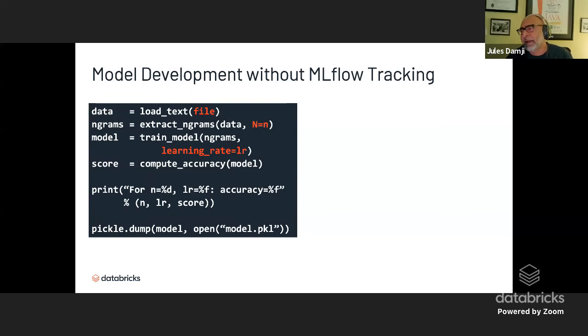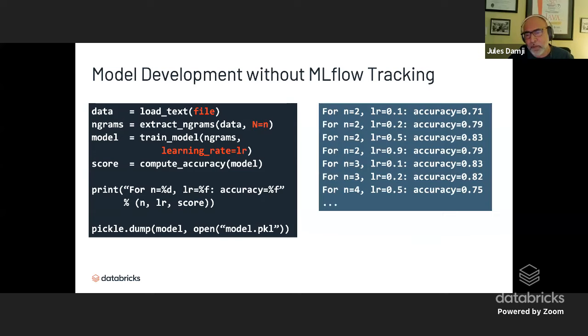So it's not that MLflow tracking is a panacea for that, but MLflow makes things a lot easier. So if you didn't have MLflow, you would do something very similar to that. You actually load a particular file, you extract the n-grams, you train your model, you compute the accuracy, and then you write a printf to a particular log file, and then you pickle the model, and you keep on doing that over and over again.